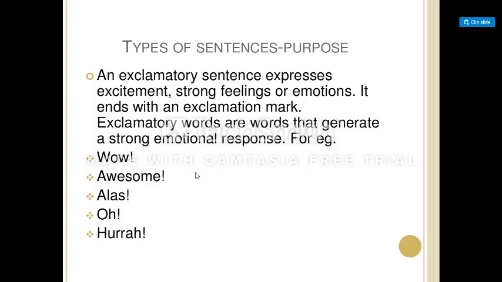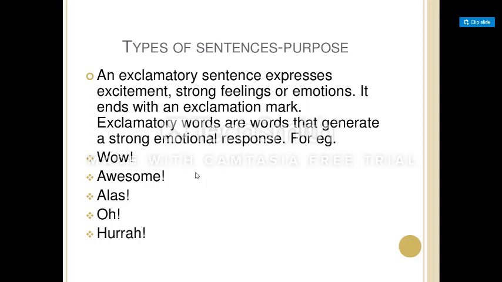Well, exclamatory sentences contain sudden expressions of admiration, surprise, disgust, sorrow, or any intense emotion, and they always have an exclamation mark, either at the end or in the middle. This is one of the ways to differentiate between optative sentences and exclamatory sentences.